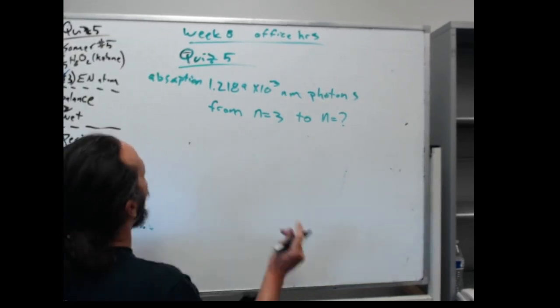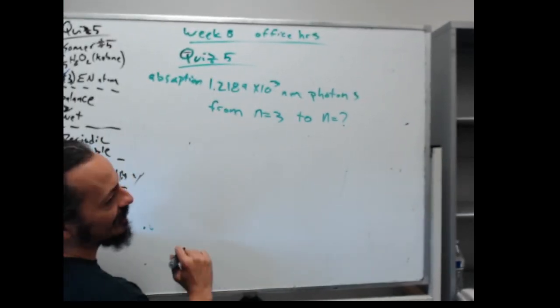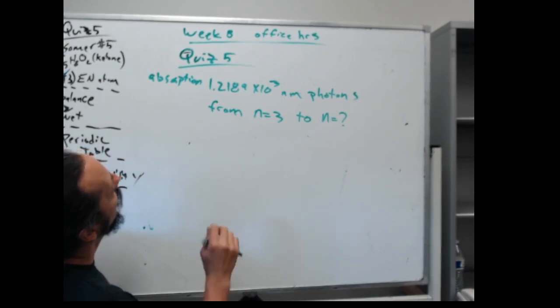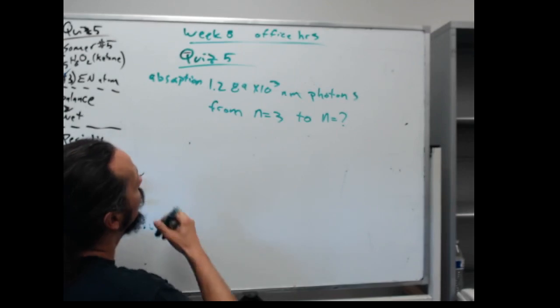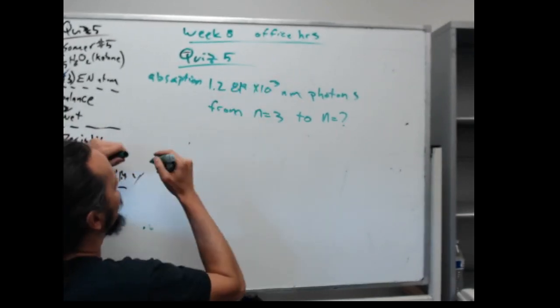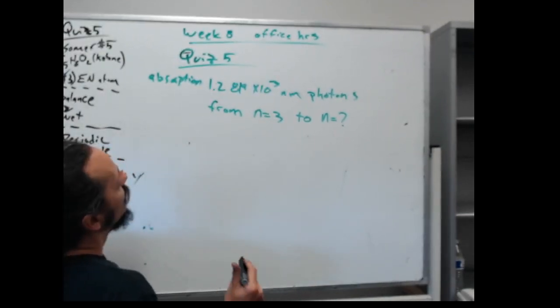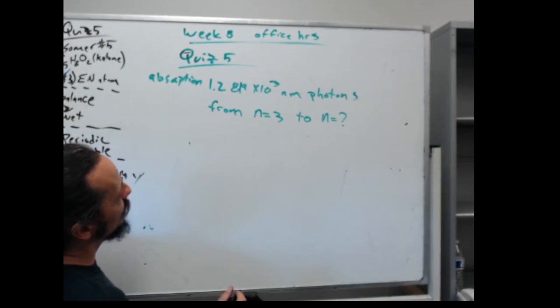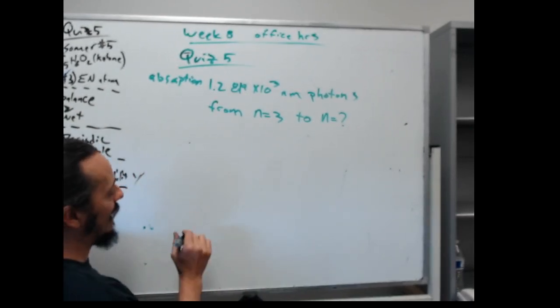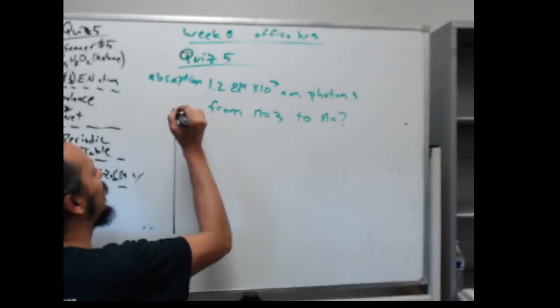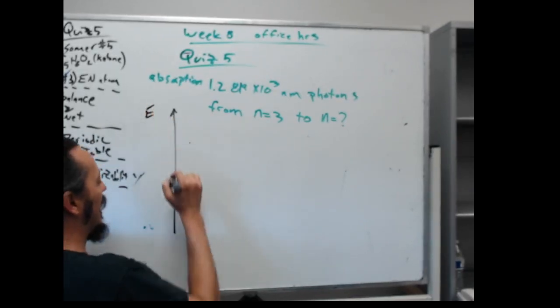So let's go ahead. First thing is we realize I always start with the wavelength, 1.2819. Thank you, 1.2819. That would have messed things up. Okay, so we got an absorption of a 1.2819 times 10 to the third nanometer photon that raises a hydrogen from n equals 3 to n something. First thing I think about is my energy scale.